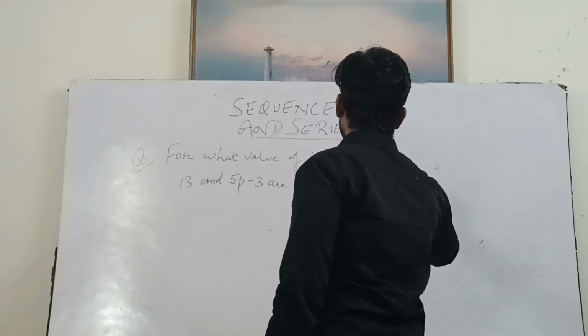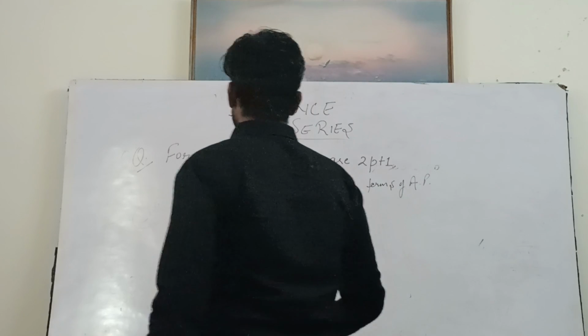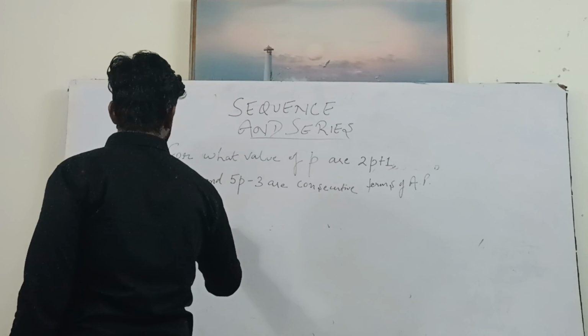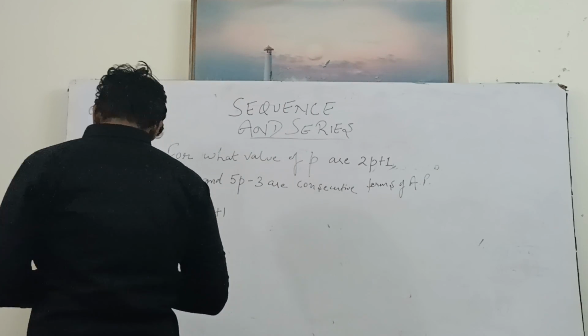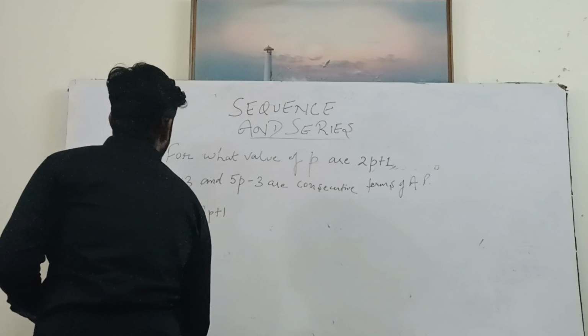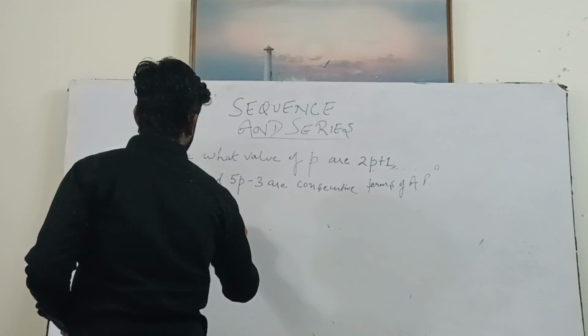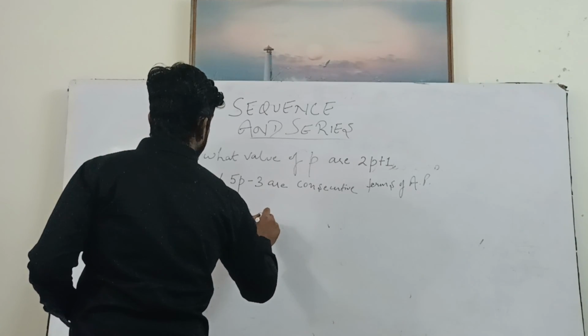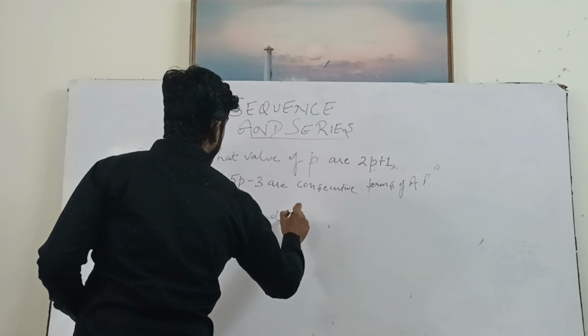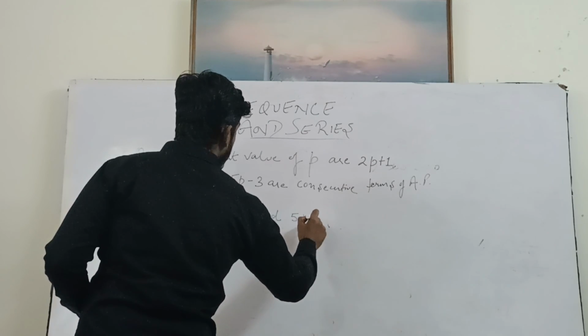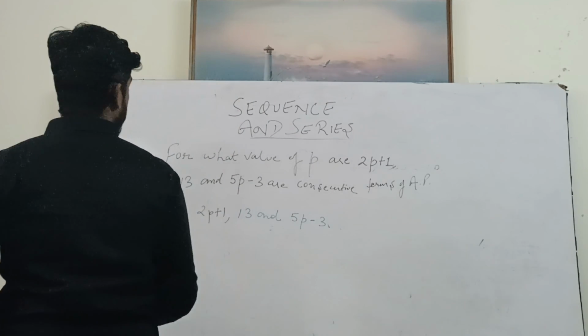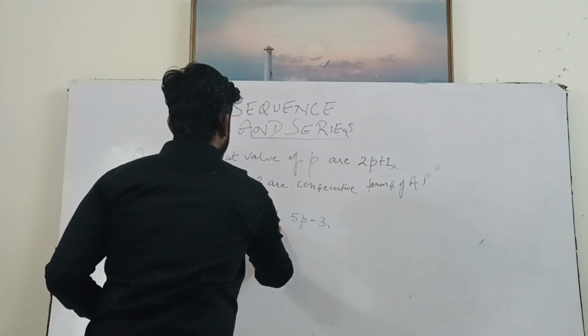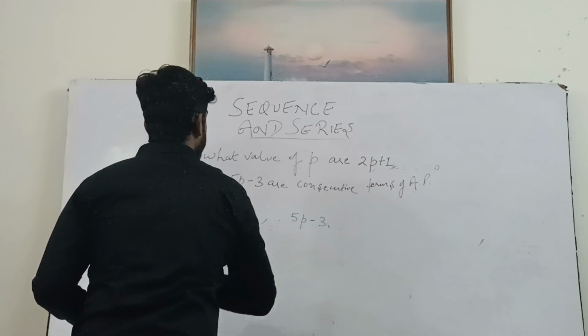मतलब ये क्वेश्चन कह रहा है कि एक ऐसी AP है जिसमें कि 2p plus 1, 13 and 5p minus 3. ये क्या है? These are consecutive terms of an AP.